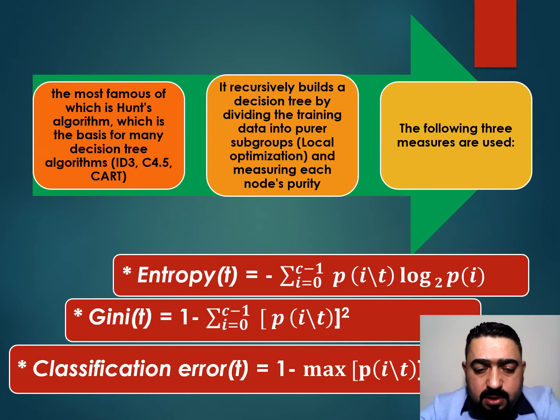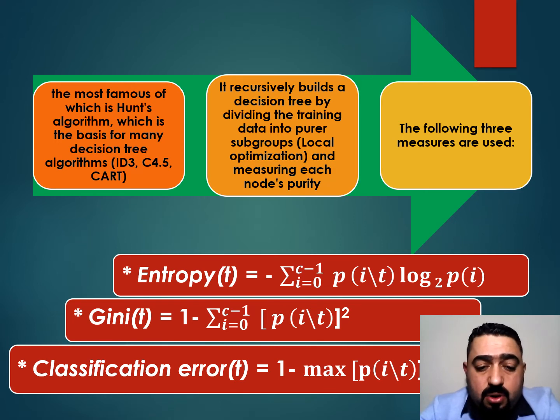Entropy of T equals minus the summation from i equals 0 to c minus 1 of P of i given T, multiplied by log base 2 of P of i given T. Gini of T equals 1 minus the summation from i equals 0 to c minus 1 of P of i given T, to the power 2.